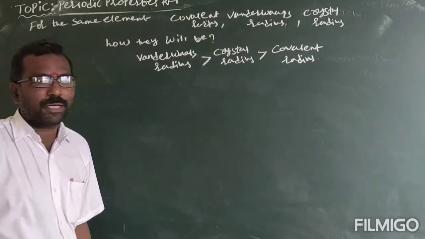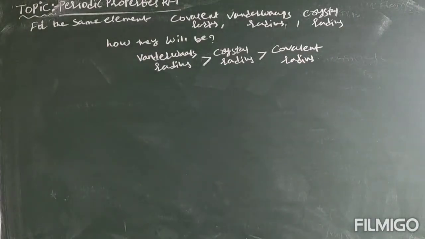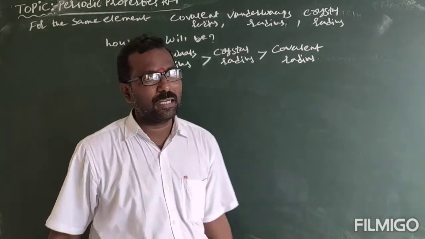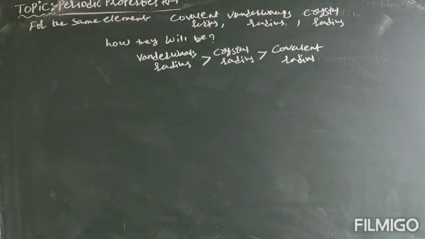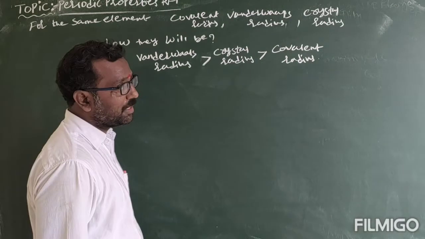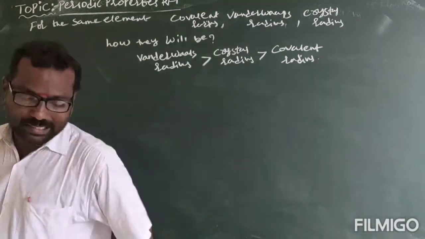For competitive exams, this is important. Always van der Waals radius will be the highest and the least will be the covalent radius.